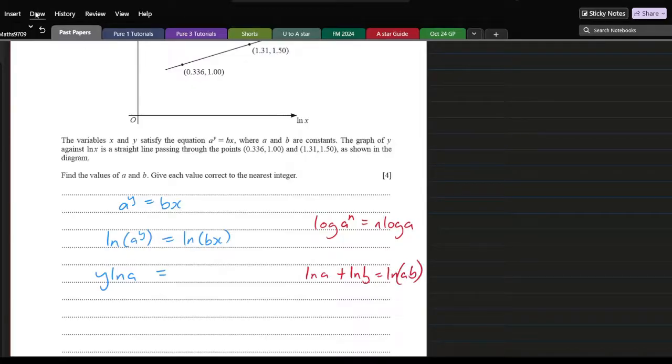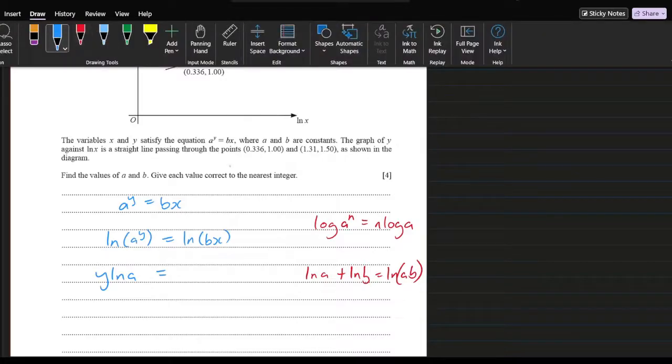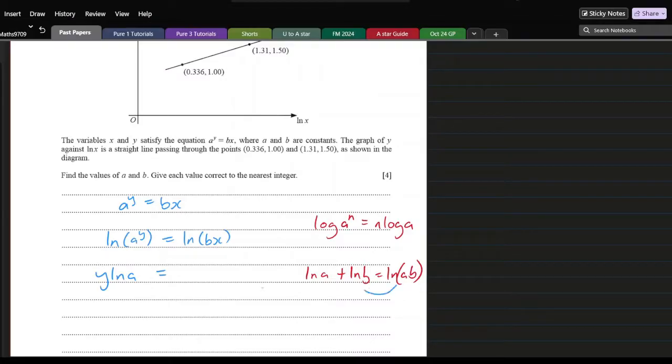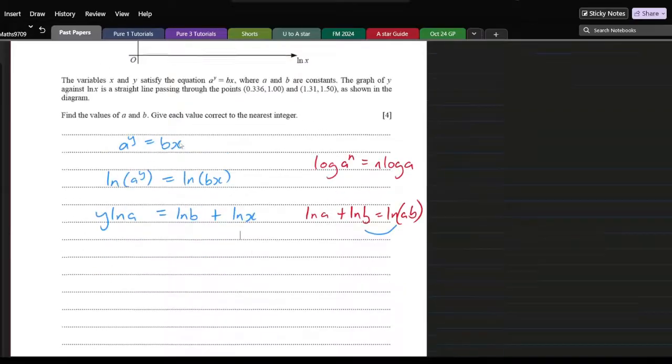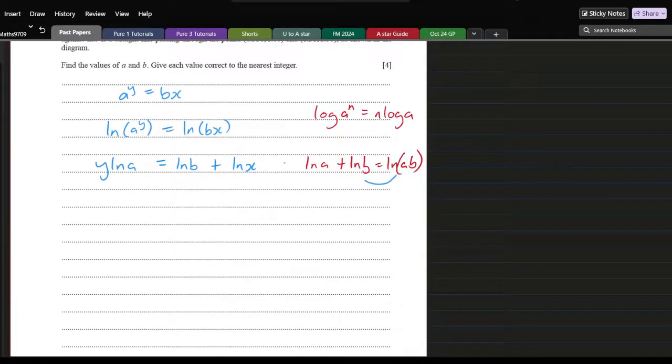So it means what we end up with, we are actually moving in the opposite direction. We end up with ln b plus ln x. And then we are going to divide both sides by ln a because we want to make y the subject of the formula.